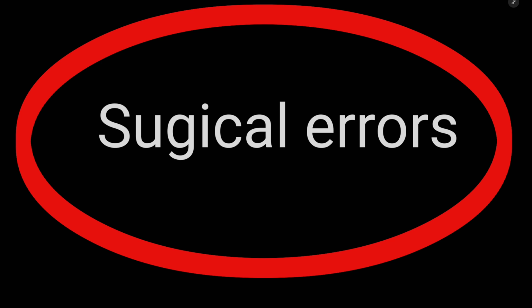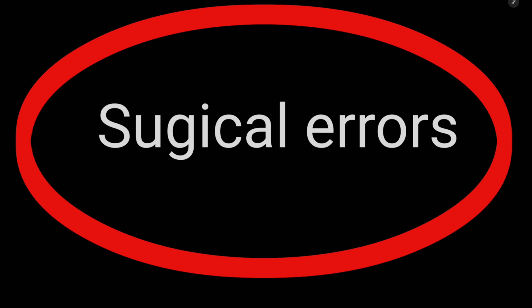In this video, we will dive into surgical errors, why they occur, the types of mistakes that can happen, and most importantly, what your legal rights are if you have been affected.